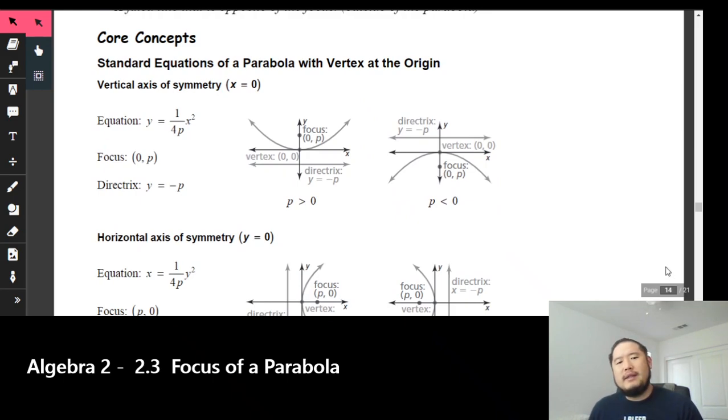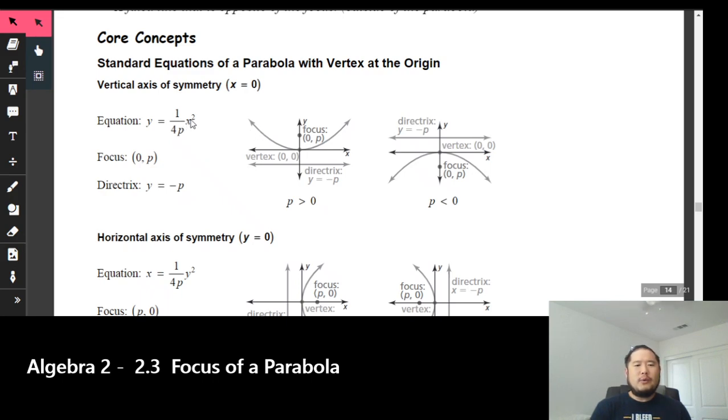let's look at the standard equation of a parabola with the vertex at the origin. So remember, when the vertex is at the origin, there is no horizontal or vertical shifting. The vertex is at 0, 0. So the first equation right here is y is equal to 1 over 4p x squared.